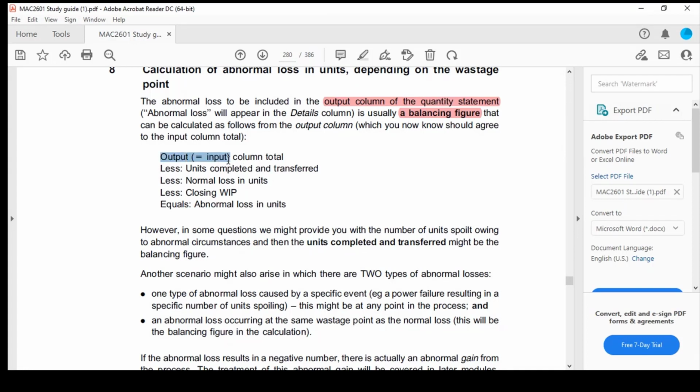We know that your output will be equal to your input, right? So the total that you have, you must less your units that are completed and transferred. You have to less the normal loss in units, and you have to less your closing WIP. That's how you calculate your abnormal. Pretty much straightforward, right?